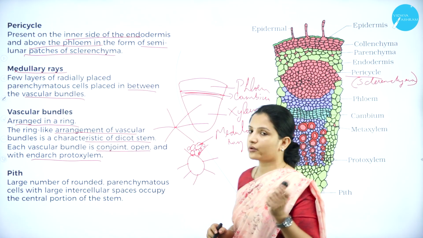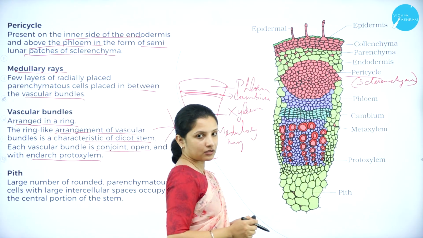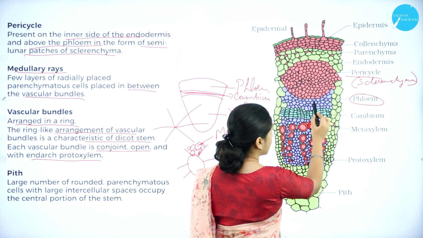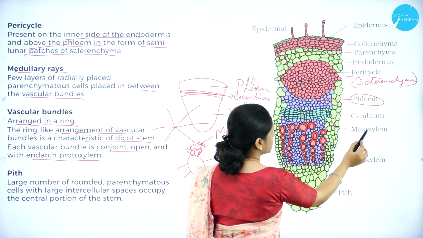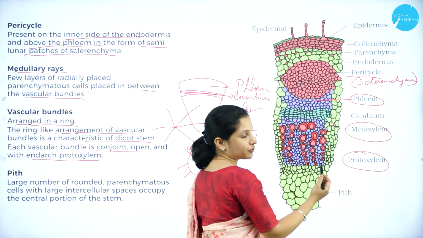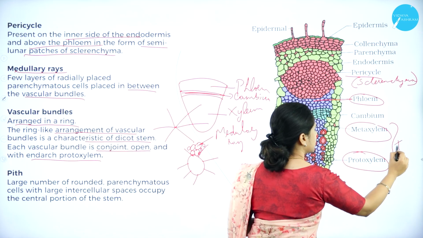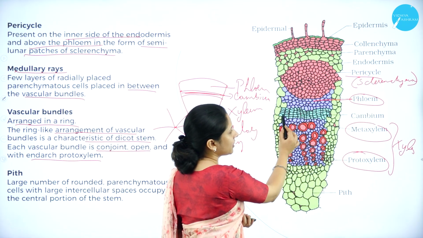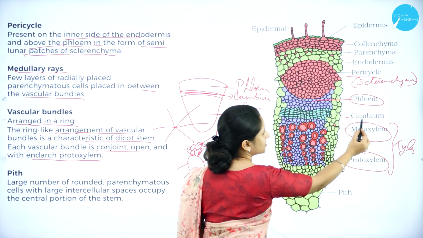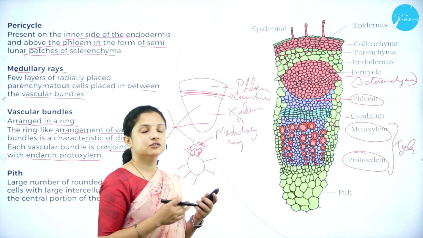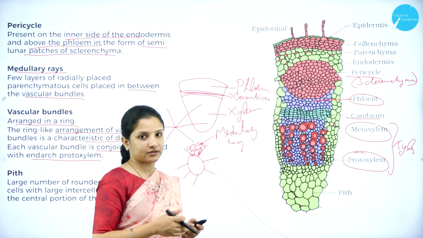As you can see here, it is clear in the picture. The phloem is present here, and the xylem is present here, along with the metaxylem and the protoxylem. In between the phloem and the xylem, there is one layer of cambial cells. Such an arrangement is called a conjoint open vascular bundle.